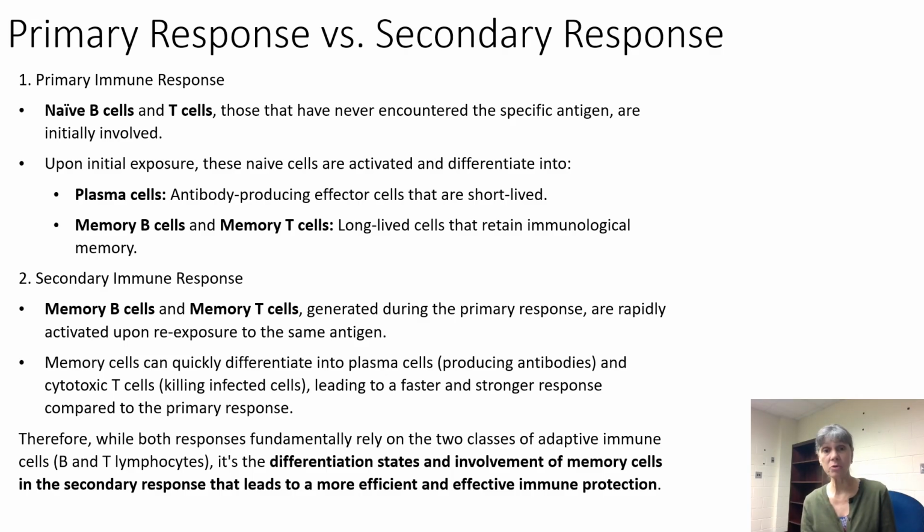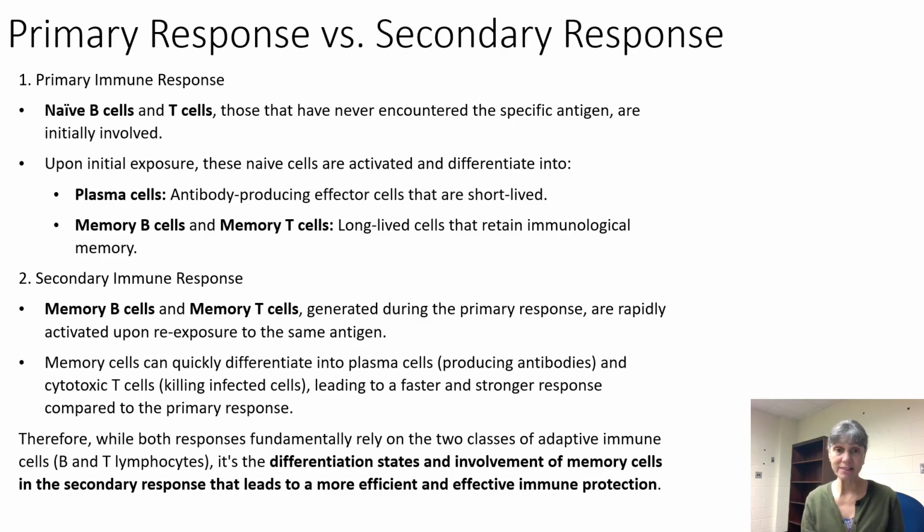The T cells will differentiate into what we call memory T cells. Now, the great thing about memory cells is that these are long-lived cells that retain immunologic memory. So they'll remember how to respond to the antigen if they come across it again. And that's when we have a secondary immune response.